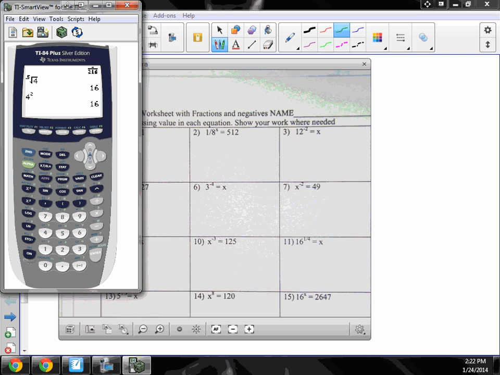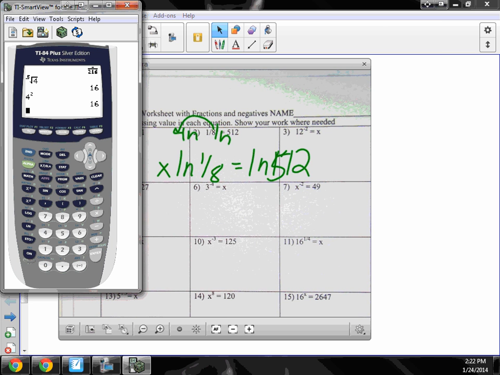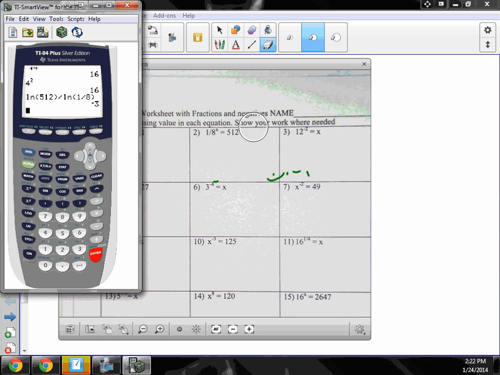If you ln both sides, drop the x, you get x ln of 1/8 equals the ln of 512. So you just divide by the ln of 1/8. So natural log of 512 divided by the natural log of 1/8, and you get -3. So number 2 was -3.